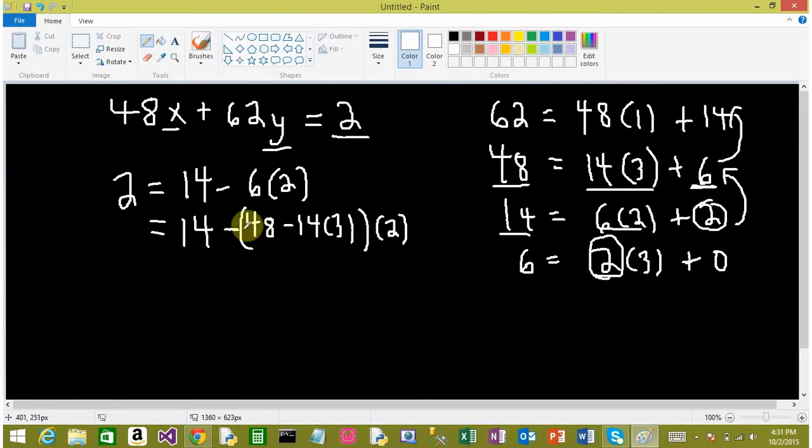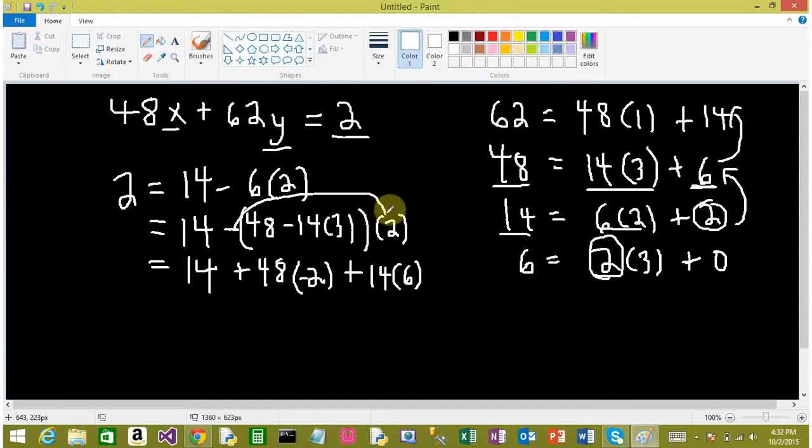So we're going to clean up here a little bit. That's equal to 14 plus 48 times negative 2 plus 14 times 6. The way I did that is I distributed this minus sign to here with a 2.